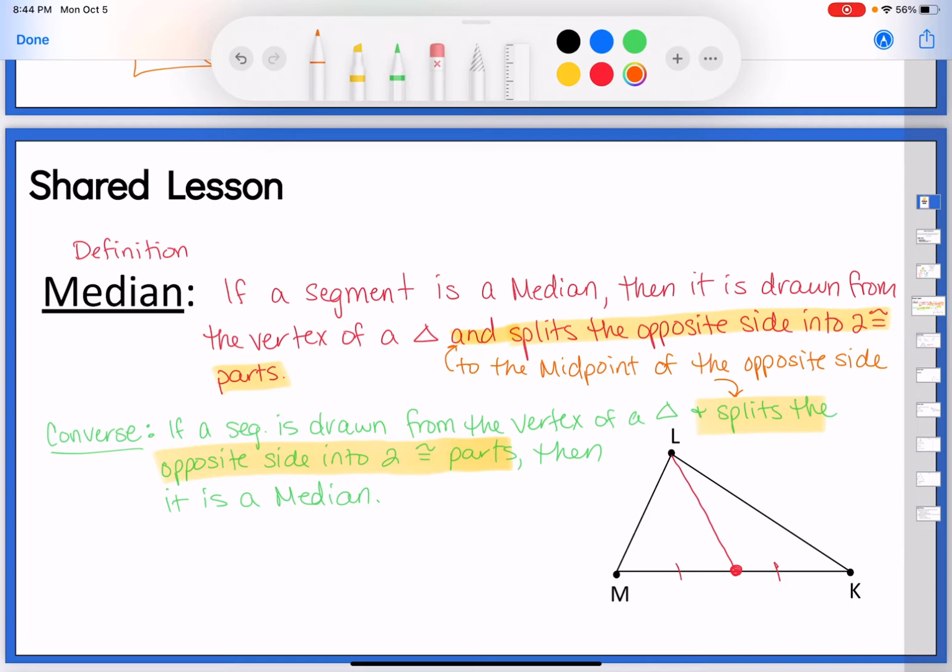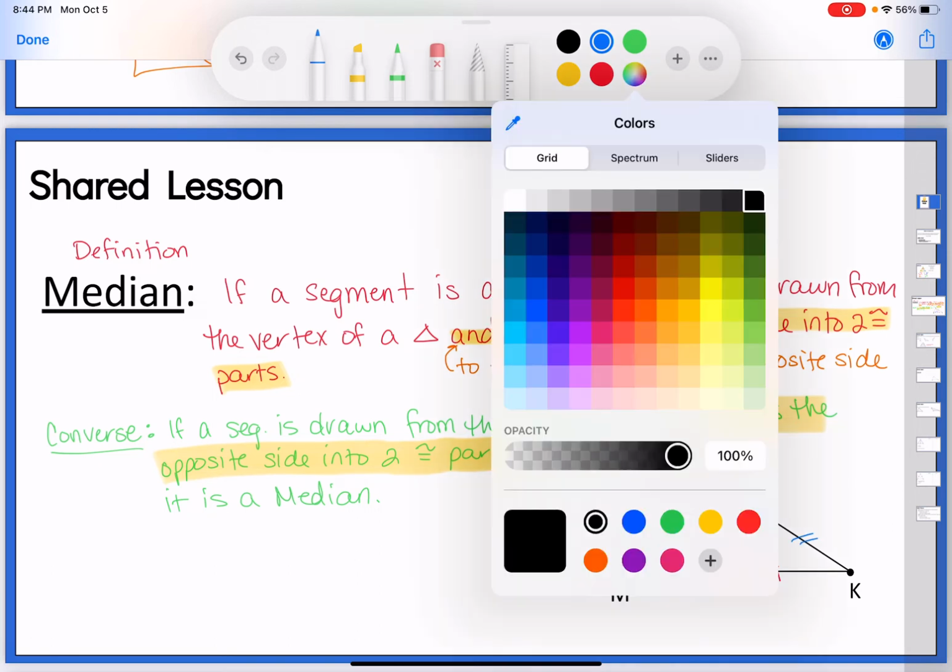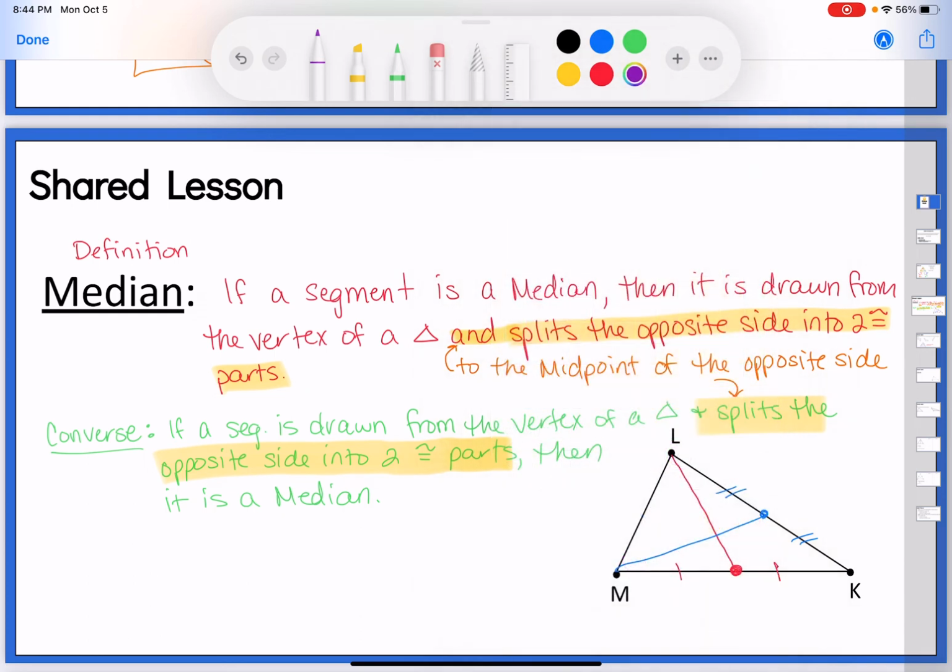Now, I drew in the median from L, but I could have drawn in a median from point M, right? M is a vertex. So I could draw it over here as long as I'm splitting the opposite side into 2 congruent parts. That's a median. I could also draw it from K, and I would go to the midpoint of this side, and then that's a median, right?